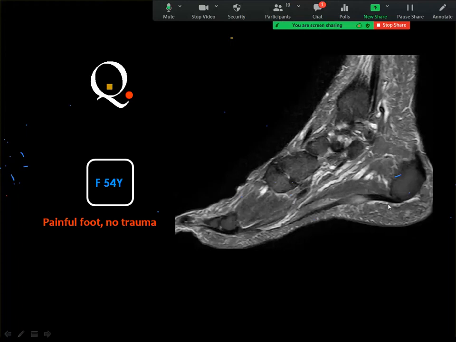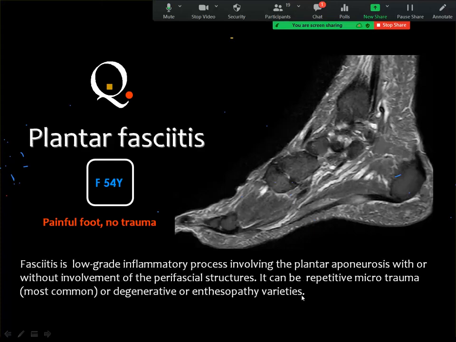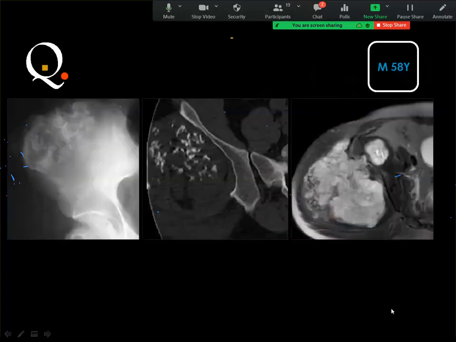The manifestations, as you know, are thickening of the plantar fascia, abnormal signal, and also edematous changes in the subcutaneous fat, and many times in the insertion in the calcaneus, at the insertion site or the attachment site of the plantar fascia. Next case.